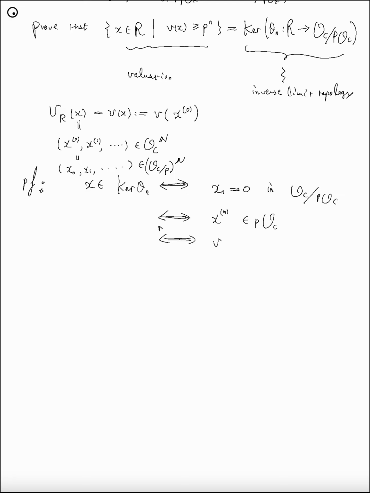because we have a normalized valuation. Let's say here, normalized valuation on C, with w(p) equals 1. Without loss of generality, when there is no confusion, we just write w. And so w of x_n is bigger or equal than 1.